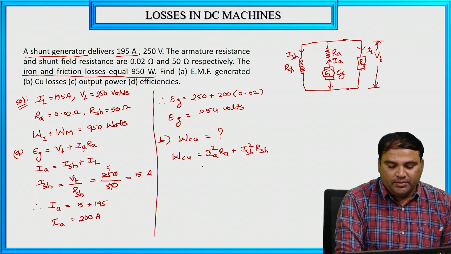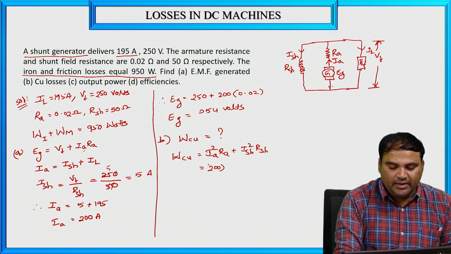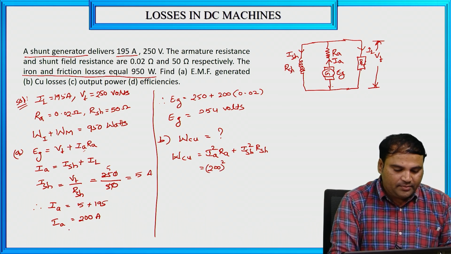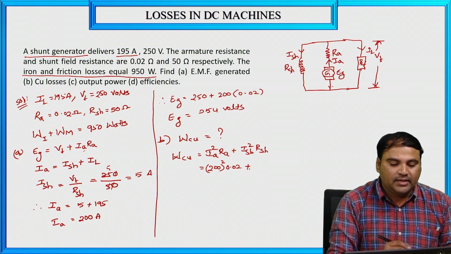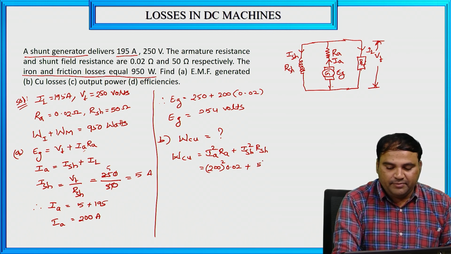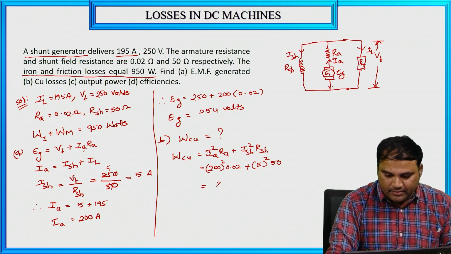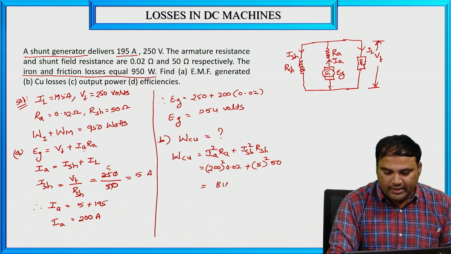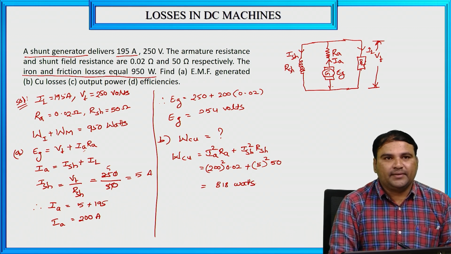That is 200 whole square into RA, RA value is 0.02, plus ISH is 5 amperes, means 5 square into RSH is 50. By solving this equation, we'll get 818 watts. Here are the copper losses of the shunt generator, right?